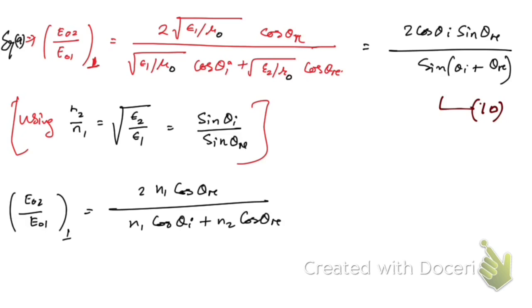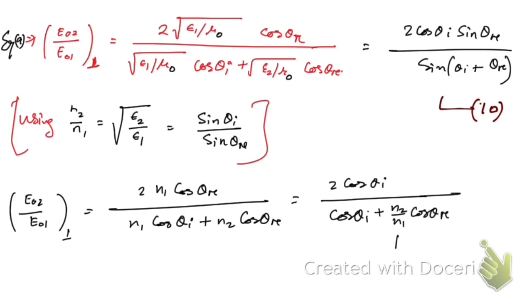So then, what we can have here, if we divide both the numerator and denominator by n1, then we're going to have 2 cos theta I by cos theta I plus n2 by n1 cos theta r.